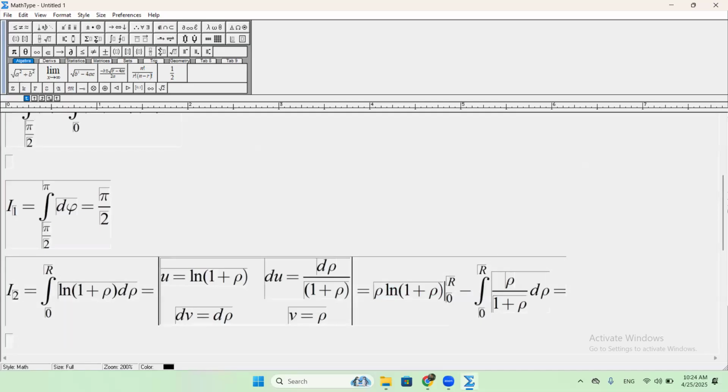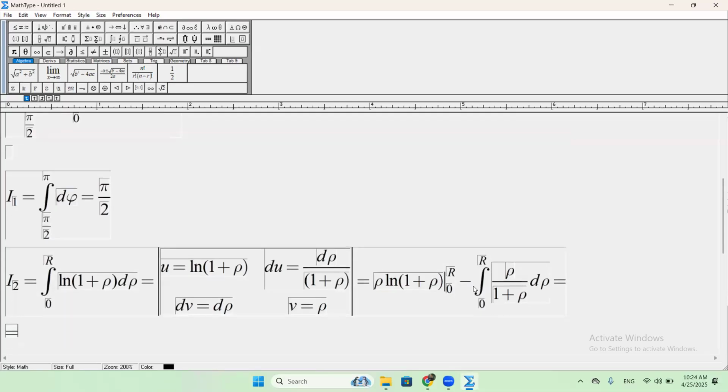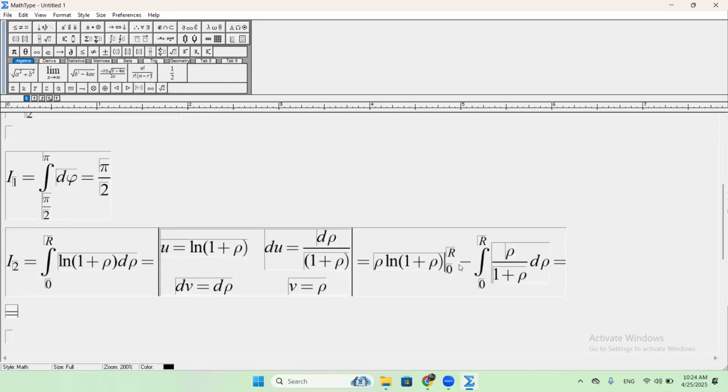So what do we have here? So if we substitute r, we have r logarithm of 1 plus r, and if I substitute 0, I have 0. And minus, yeah, let's simplify this integral.